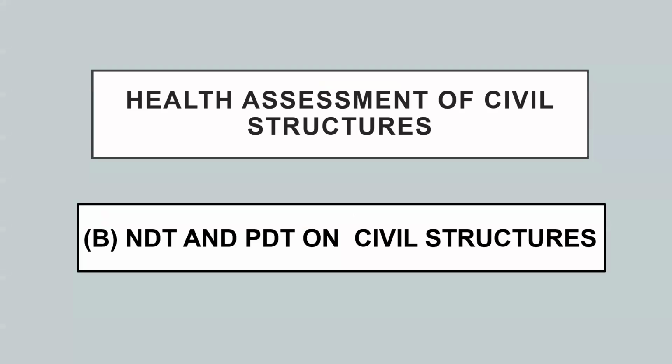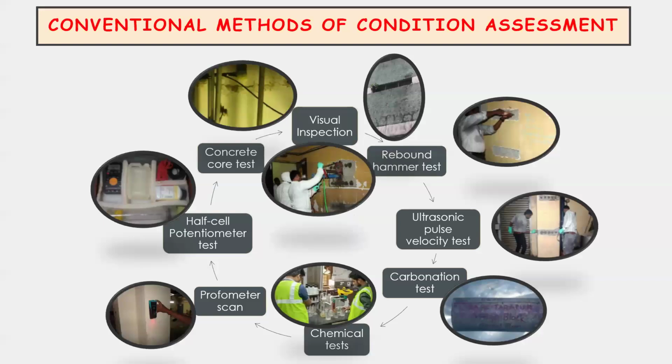Now, after going for visual inspection, we carry out the NDT and PDT on the civil structure. NDT means non-destructive testing, PDT means partially destructive testing, to find out the condition of concrete in the existing structure. These are the usual tests like rebound hammer test and ultrasonic pulse velocity test.